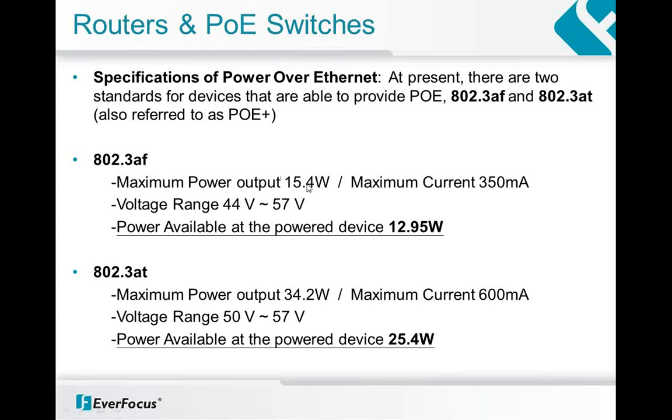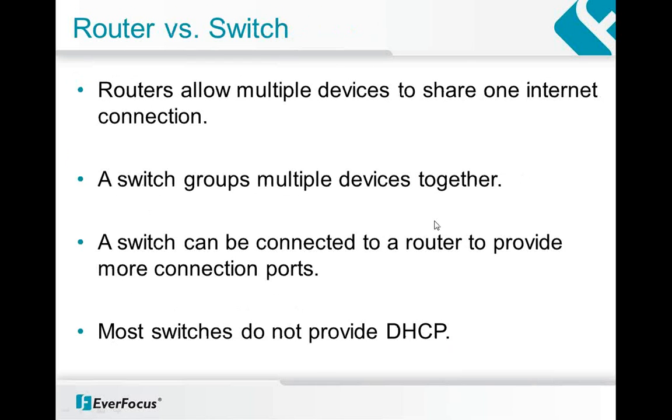The 2 important parts to keep in mind here: for 802.3AF, the power available at the end of that cable to the edge device is 12.95 watts. At the camera end, this is what you want to be concerned with. The 802.3AT, at the edge device at the end of that cable, is giving the camera 25.4 watts. So these are the 2 main specs that you want to be concerned with when picking out a PoE switch.